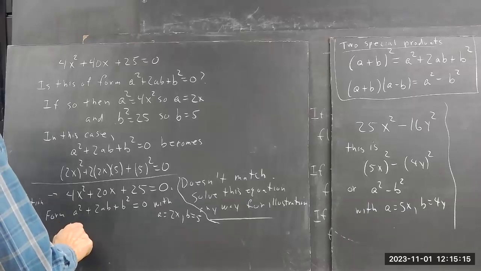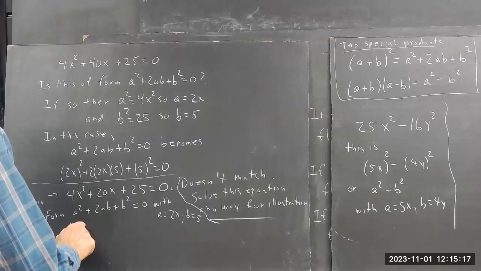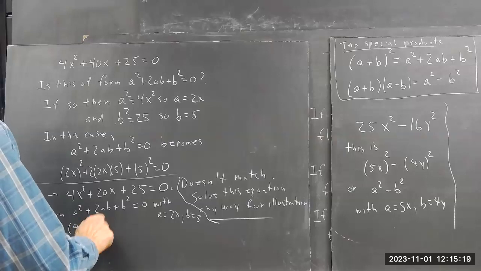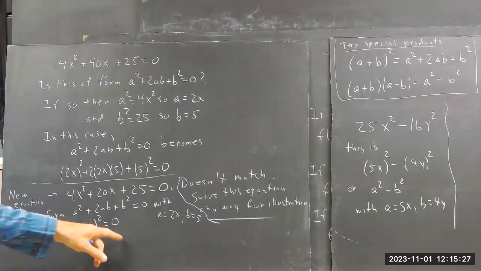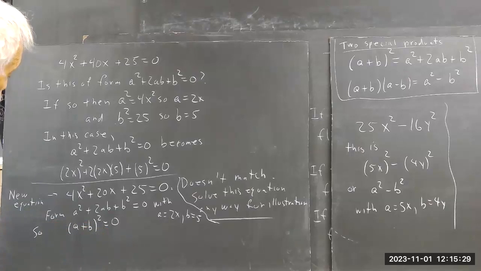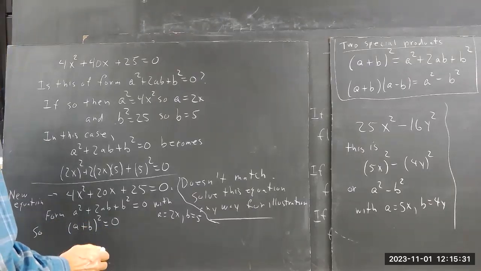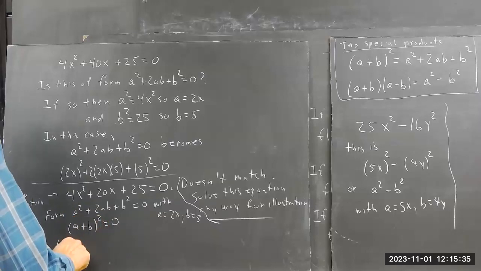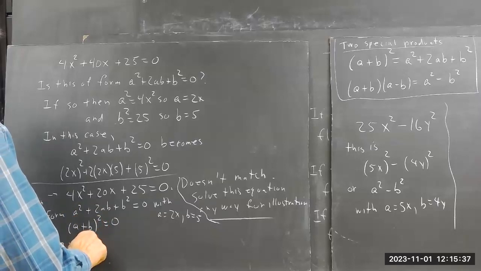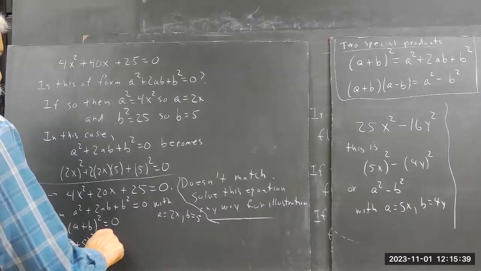So we have a plus b squared equals 0, which means that 2x plus 5 squared equals 0.